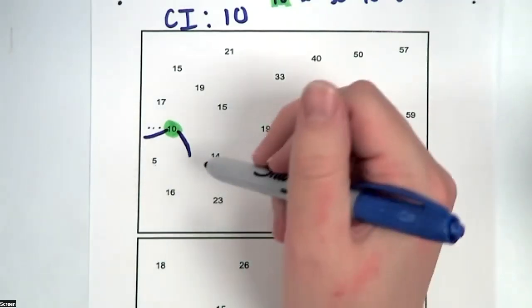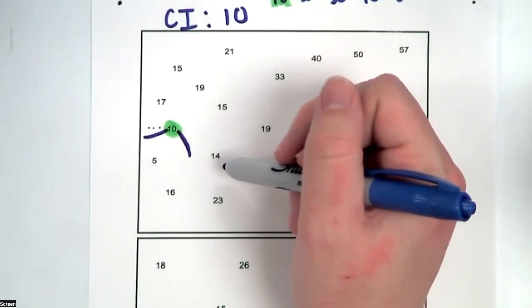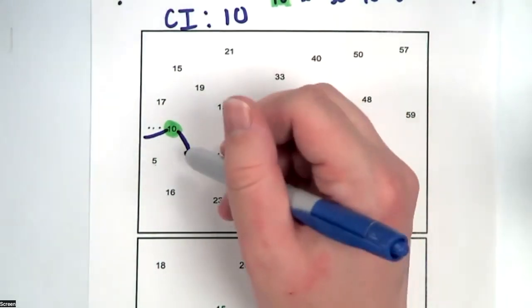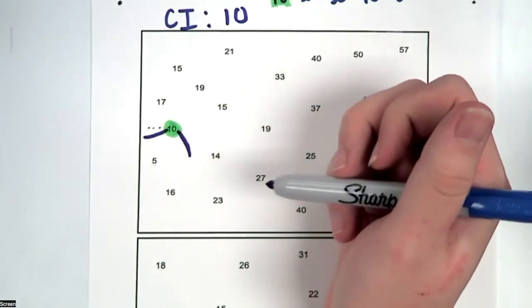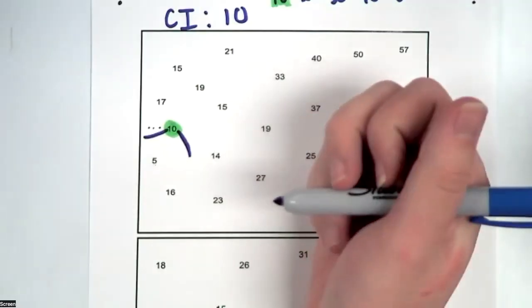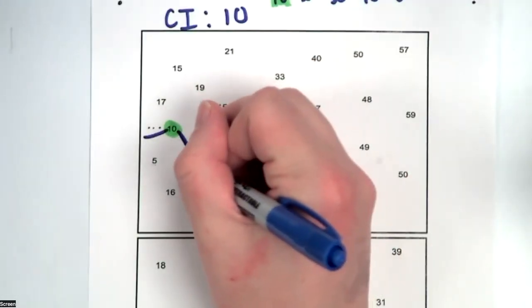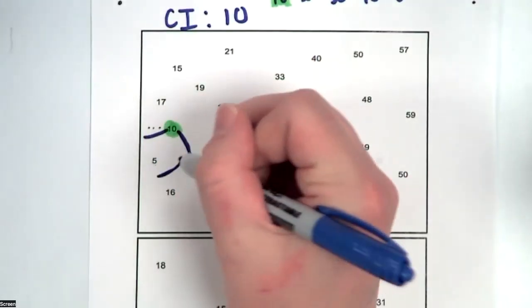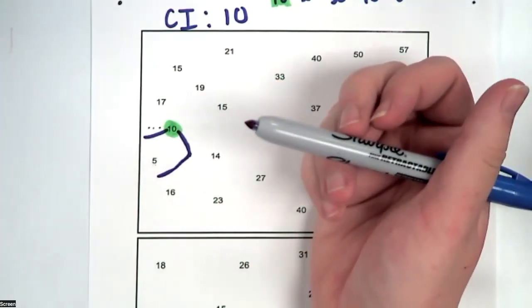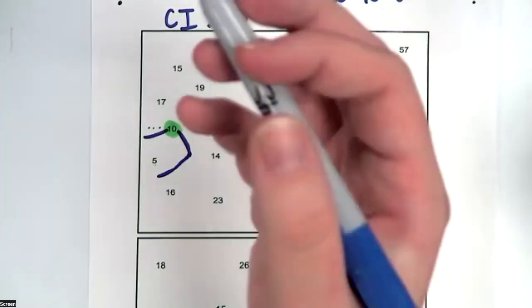Now that I'm between 5 and 14, I can't go between 14 and 23. I can't go between 16 and 23 either, but I can go between 5 and 16. And I should be a little closer to 5. But really, for all of these, it's such a small difference right now. It's not the end of the world if you're roughly in the middle.